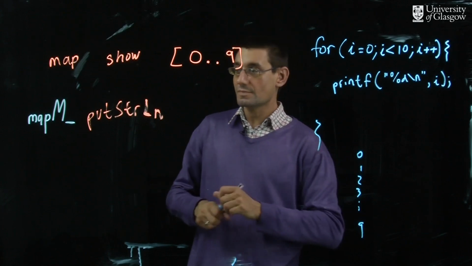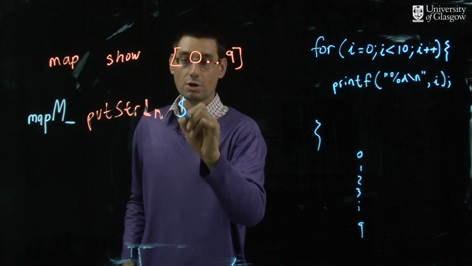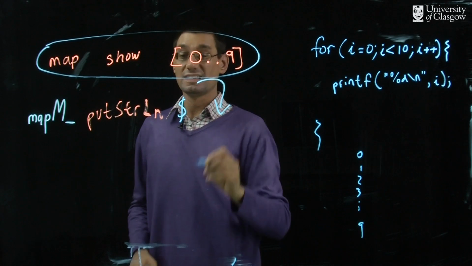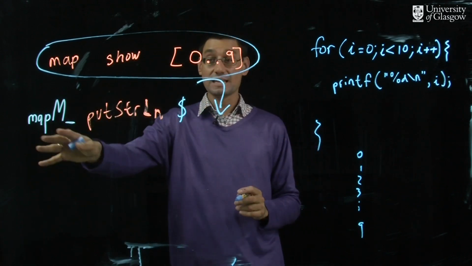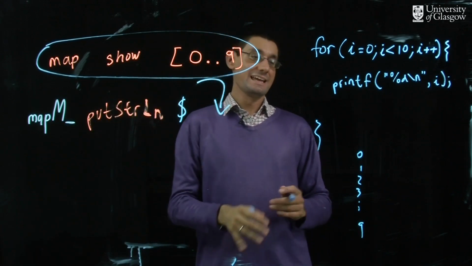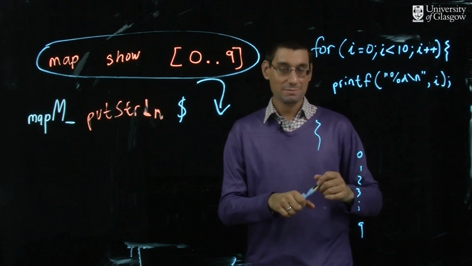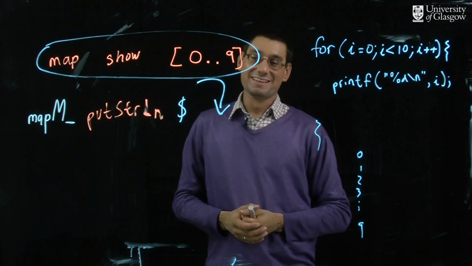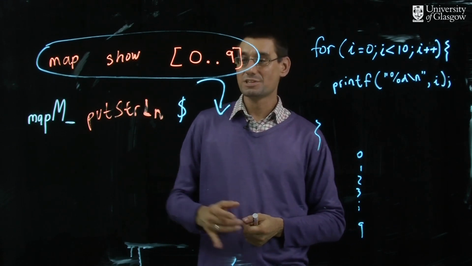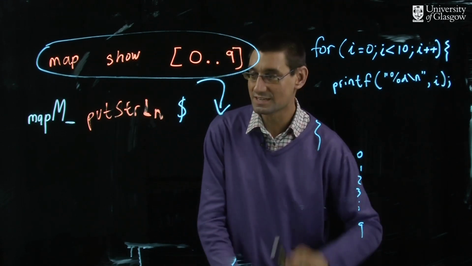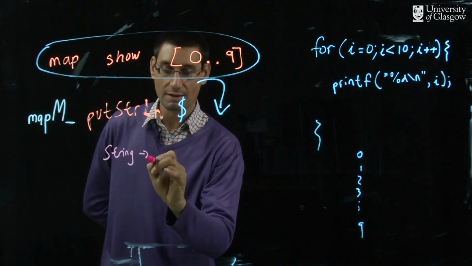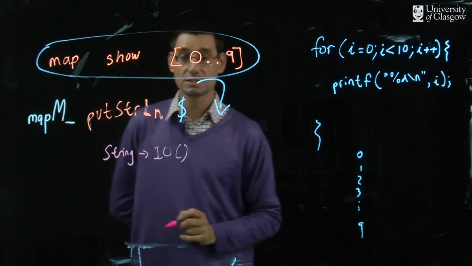So if I were to say $ all of this in here, then effectively this one-liner here is the same as this program over here. And you understand all of it at this stage in the course, I think. So putStrLn, let's get these types in here, takes a string and returns an IO unit.